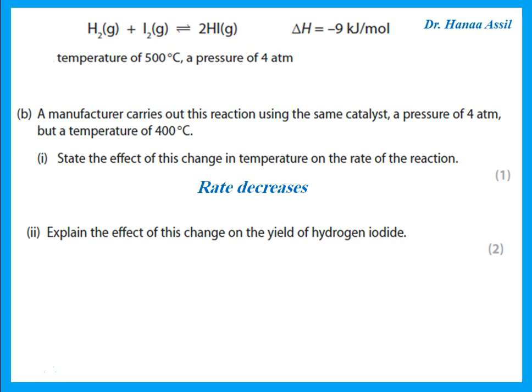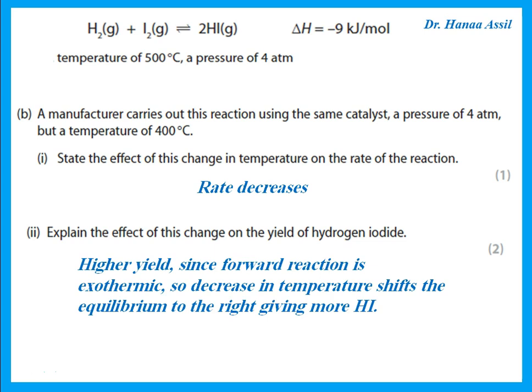So in any reaction, lower temperature, it goes exo. Higher temperature, it goes endo. So here we're using lower temperature. That means I will go forward, the equilibrium will shift to the right.